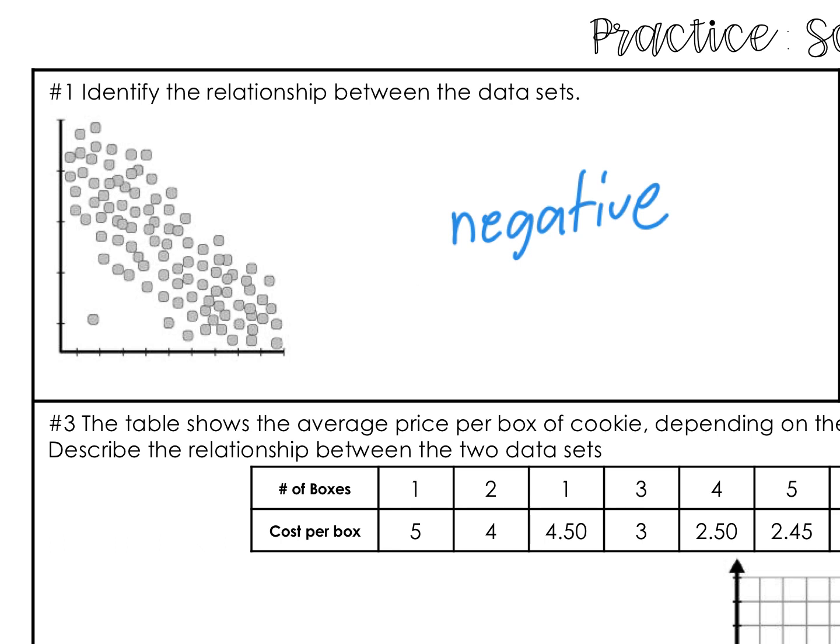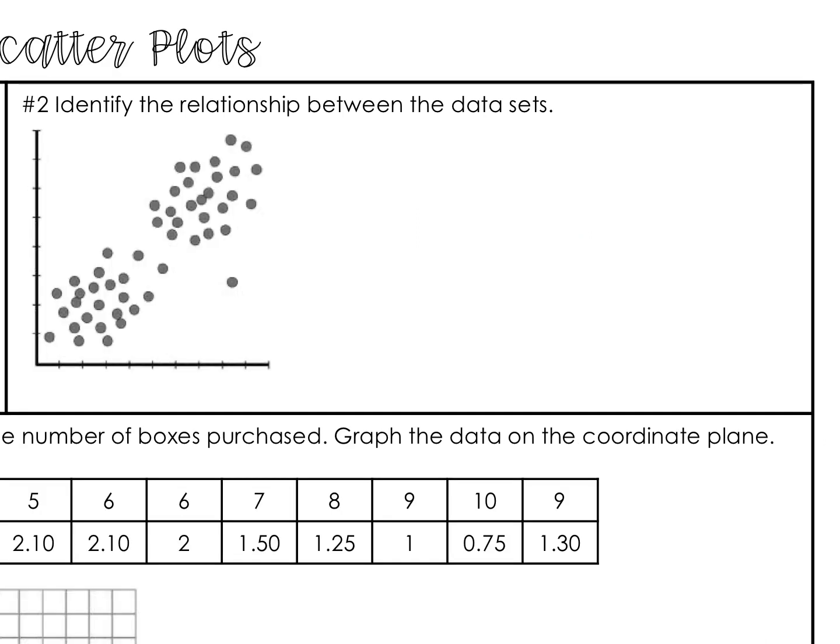Now, we do have this one point that has a small x and a small y value that does not fit the trend, and we call that an outlier. Outliers do not affect the general trend. For number 2, as x goes up, y also goes up, so we call that a positive association.